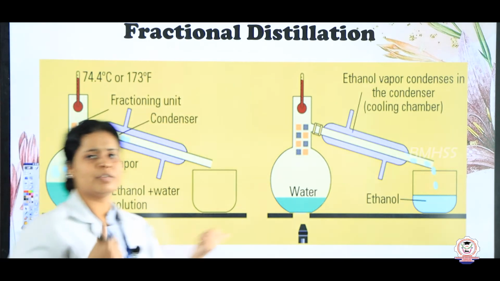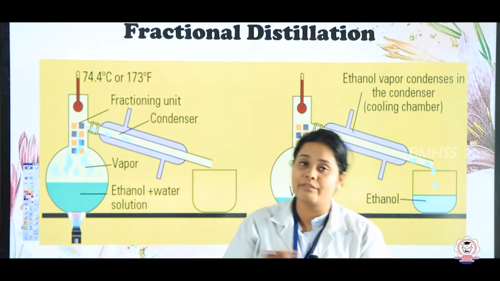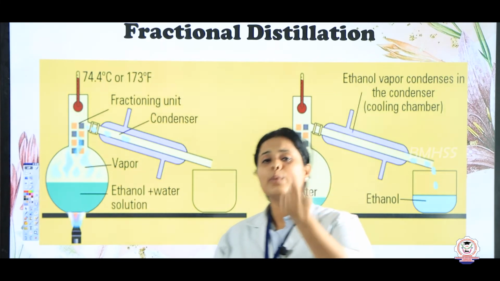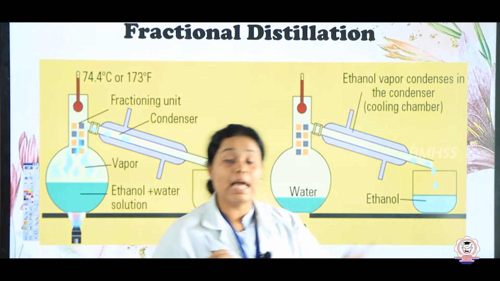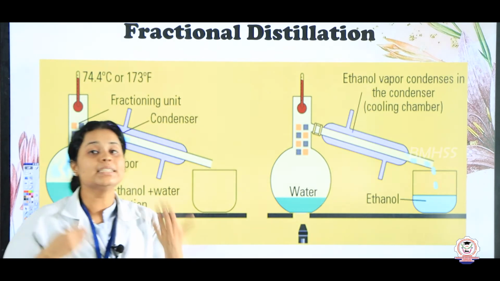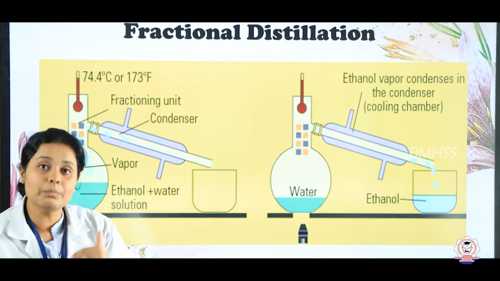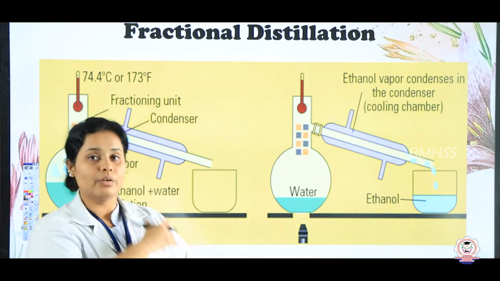Now let's come to fractional distillation. There is not much difference between distillation and fractional distillation. There is only one difference: in distillation we took a solid plus a liquid, and here we are taking two liquids. Those two liquids are mixing together, that is, they are miscible. With them we are considering the boiling points of these liquids.